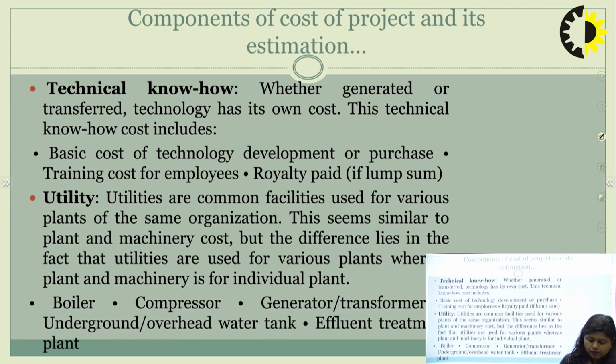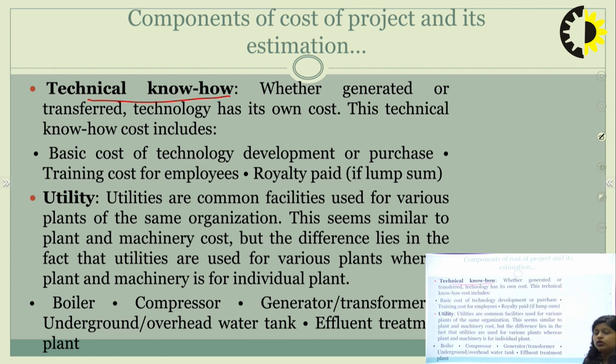Next head is the technical know-how. Technical know-how means whether generated or transferred, technology has its own cost. So this technical know-how cost includes the basic cost of technology development, or whether you purchase it.